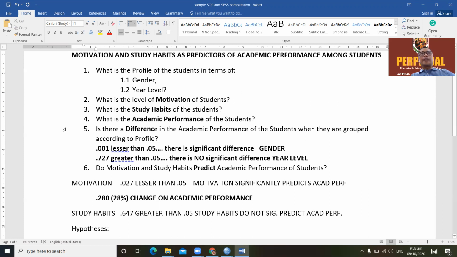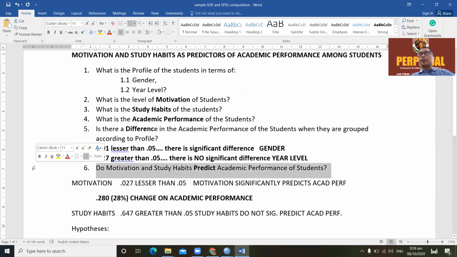With regards to the question, is there a difference in academic performance when grouped according to profile? The first profile is gender. The answer is there is a significant difference, because 0.001 is less than 0.05. However, in year level, there is no significant difference, because the data we got is 0.727, which is greater than 0.05.